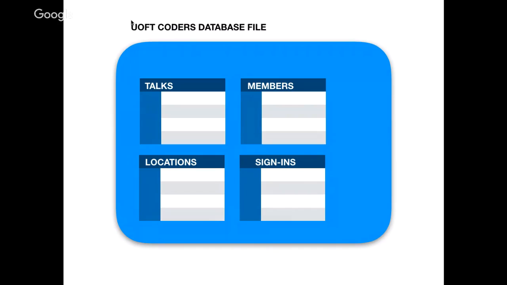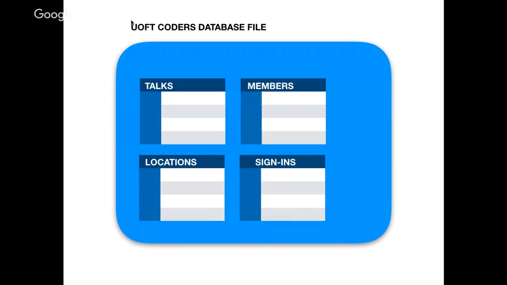A table is rows and columns of information. You can have as many tables as you want, pretty much, and each table could store one kind of object. So we have the talks table here, which could be a list of all the previous and upcoming presentations.